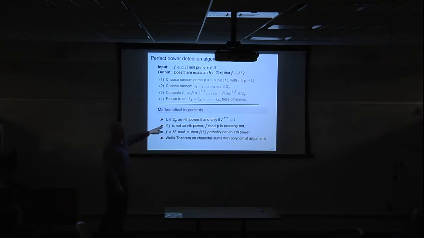Now you have another fact that says if f is not an rth power, then f mod p probably isn't. What do I mean by that? Well, for a randomly chosen small prime, this holds. There are a few bad primes, where the prime divides the discriminant, where things can go wrong, but that's a very small number of bad primes.